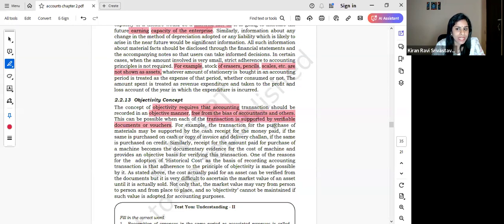For example, the transaction for the purchase of materials may be supported by cash receipt for the money paid, if the same is purchased on cash, or copy of invoice and delivery challan, if the same is purchased on credit. So whether it is purchased on cash or on credit, there should be a document or information to verify such transactions. That is the concept of objectivity. And that is enough. You need not go in deep.